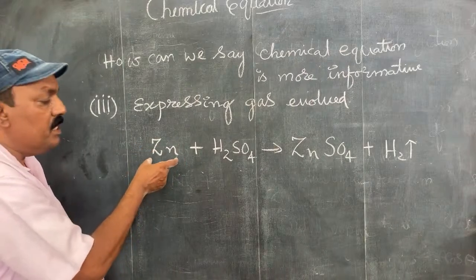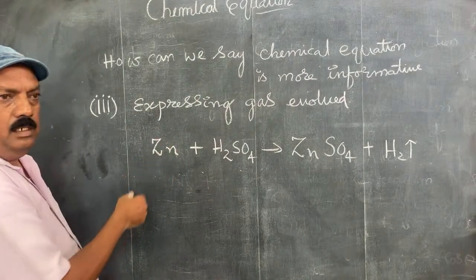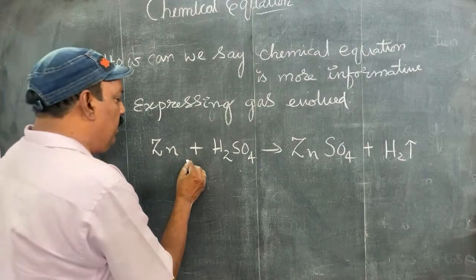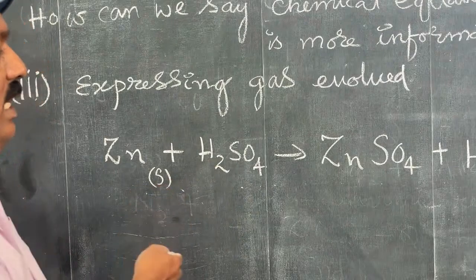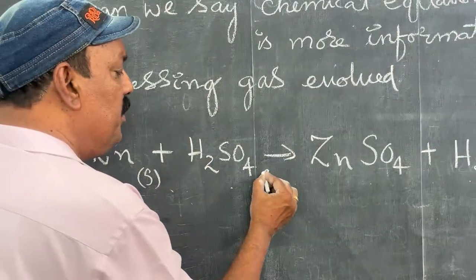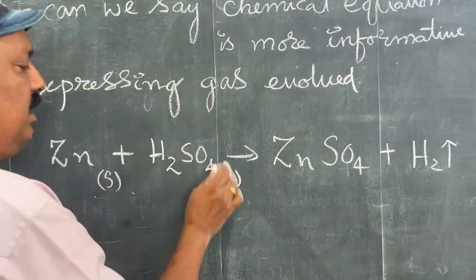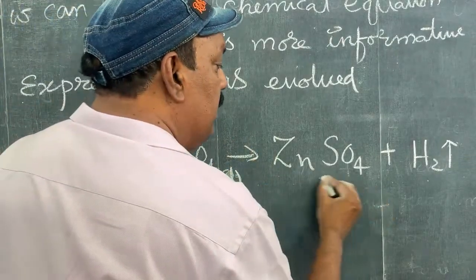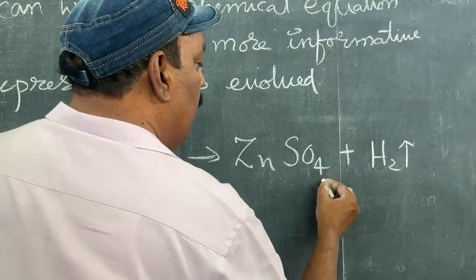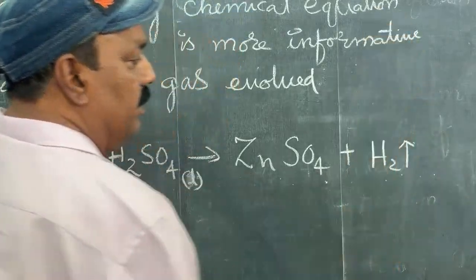In that I am pouring zinc pieces. This is a solid one, and slowly I am inserting the sulfuric acid. This is the liquid. Then I will get one salt here, ZnSO4, and one gas.